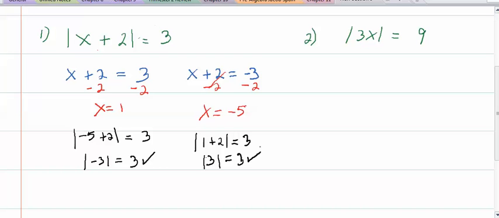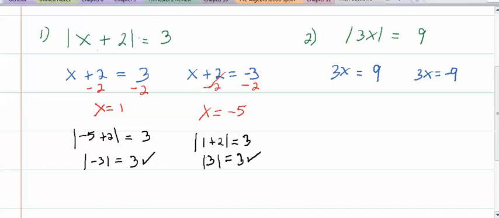Okay, the next one. We're going to write two problems. And so we've got 3x is equal to 9, and then the other one we have 3x is equal to negative 9.